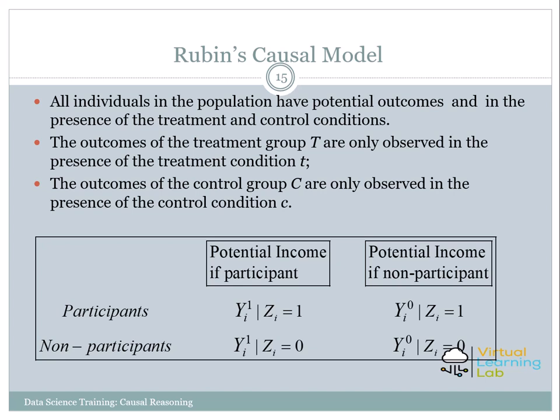So here, for example, participants have a potential outcome if treated, so z equals 1, it's the treated, and y1 indicates that's the potential outcome if treated. And the potential outcome if not treated for participants is y0. So it's the potential outcome if not treated for those that were treated, which is z equals 1. And same thing for non-participants. Y1 is the potential outcome if they had participated in the treatment, but they didn't.